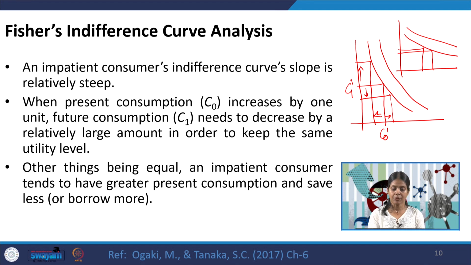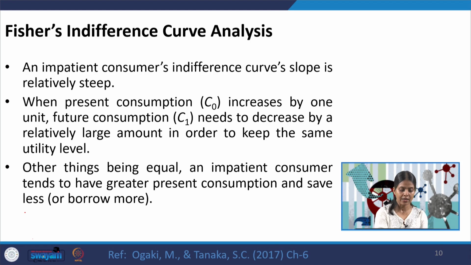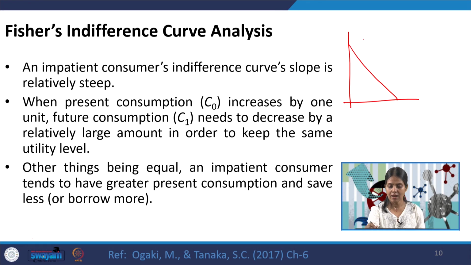So, that could be understood if we introduce the budget lines here. Let me try doing that. So, if I have a budget line and these are my indifference curves, these are very steep indifference curves, so I can expect tangency here. You can see that the consumption pattern is heavily biased towards present time.